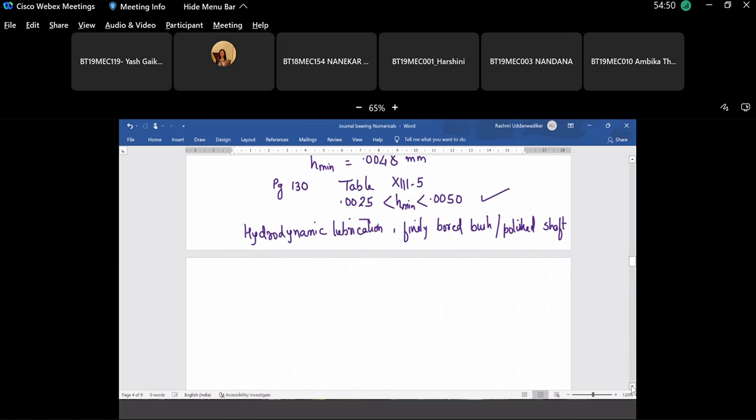Is that clear? If yes, then we go for the next problem of a different type. Depending upon the type of machinery, we have the type of bearing, bearing pressure, minimum value of Zn by P. So we'll solve one problem of this type.